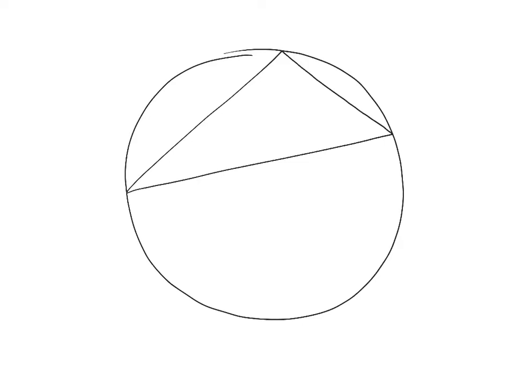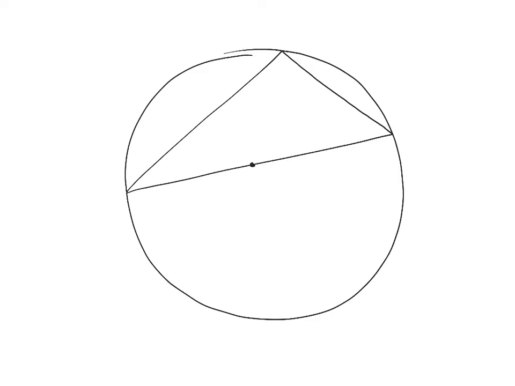So let's take a circle and let's take a diameter and let's draw a line to the circumference.